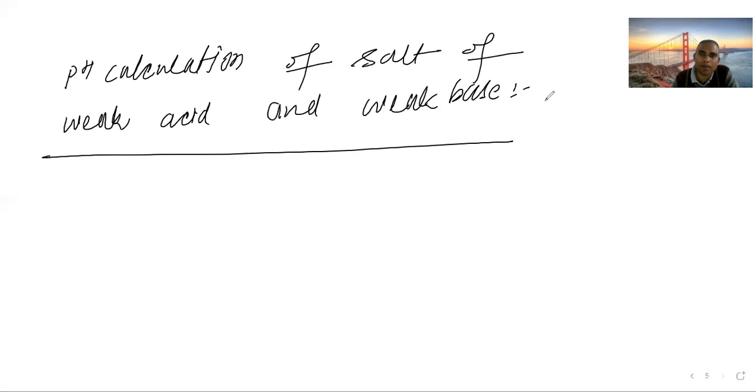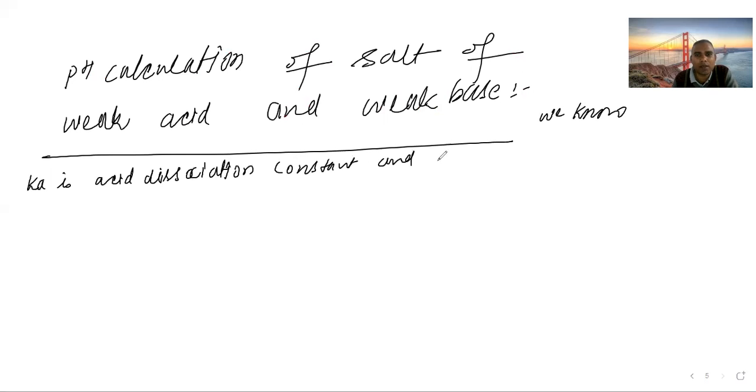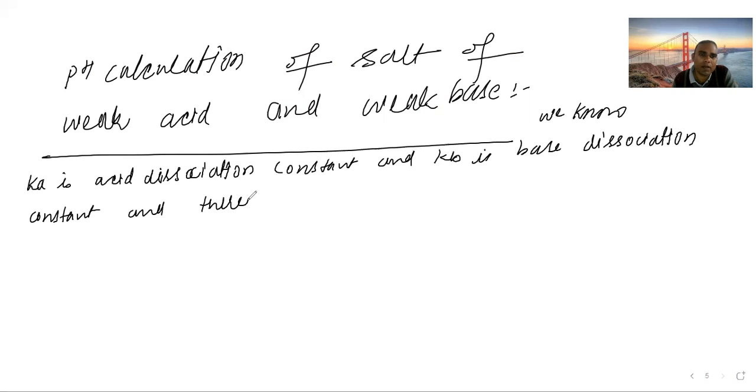We know Ka is the acid dissociation constant, and Kb is the base dissociation constant. pKa is equal to minus log Ka, and pKb is equal to minus log Kb. So we need to know pKa and pKb.